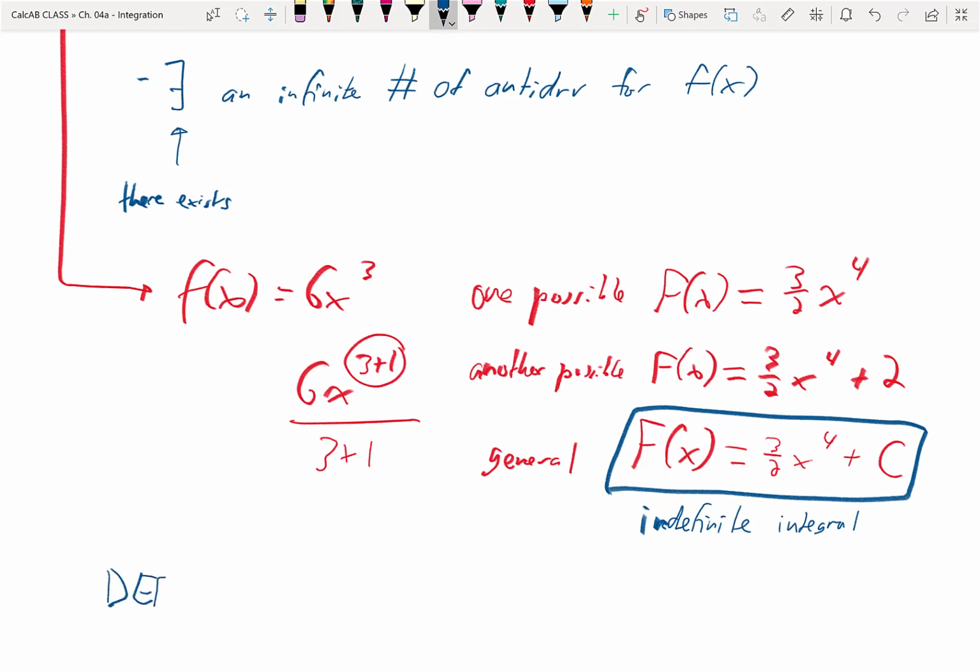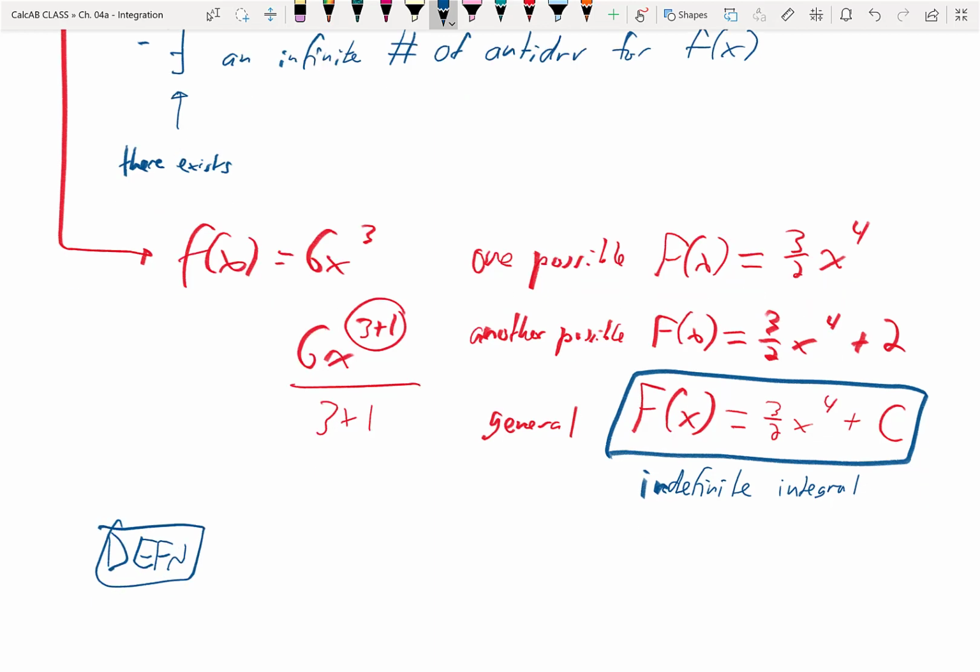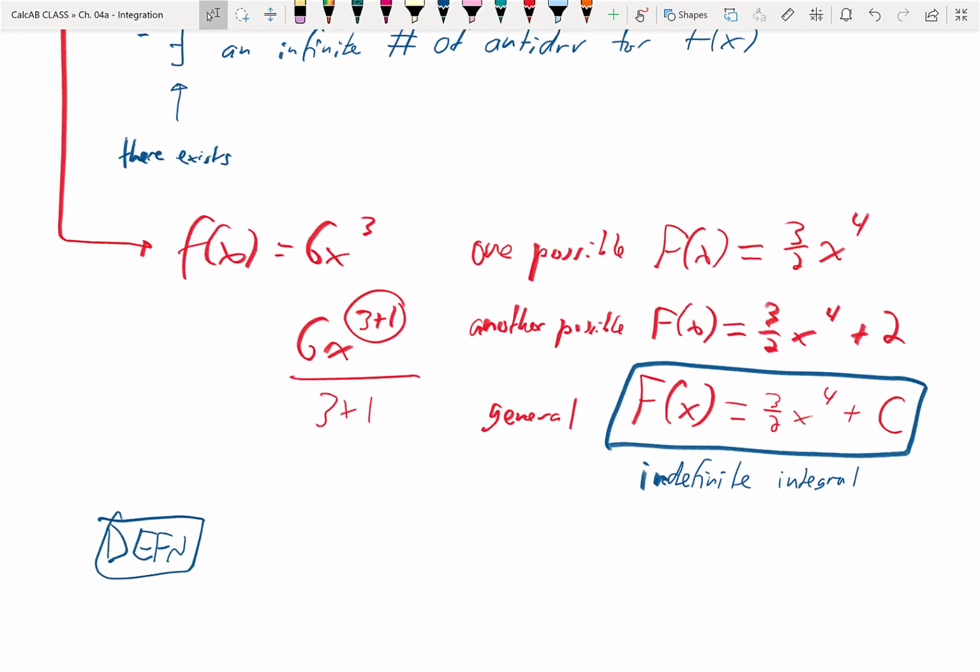So let's formally define some things in sort of a middle school math way where they put the definition on one side. My middle school teachers did this all the time. Definition.